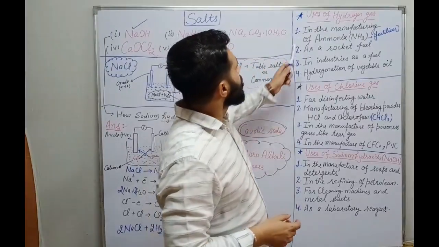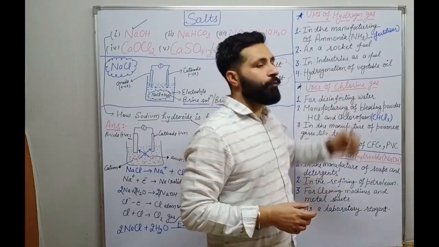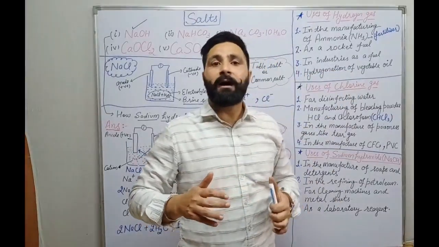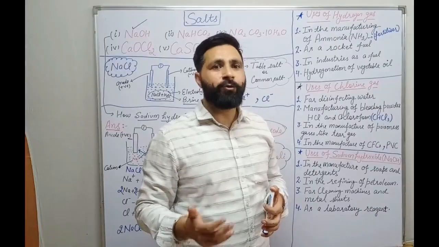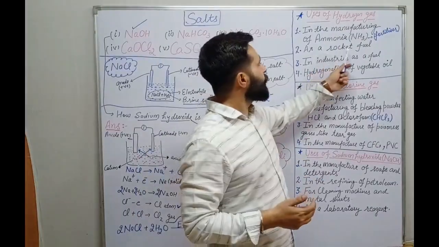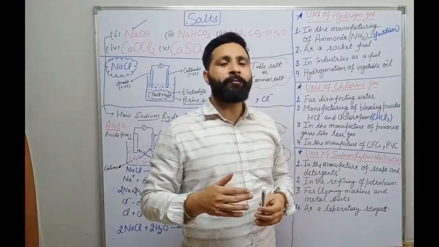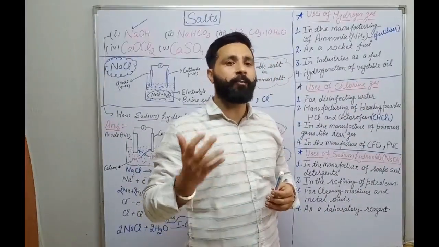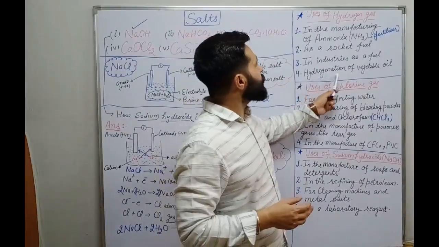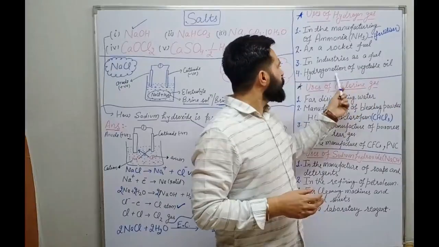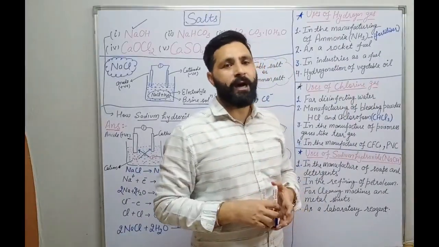Second, as a rocket fuel, because beta, it is a highly combustible gas and its calorific value is also very high. So it is used as a rocket fuel and in industries as a fuel also. We can't use it as a domestic fuel. Number 4, hydrogenation of vegetable oil. This you will learn in chapter number 4, carbon compounds.